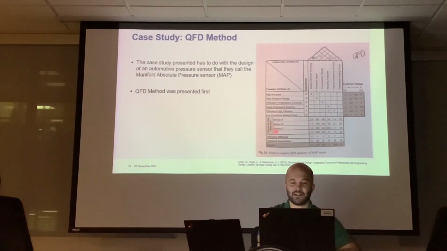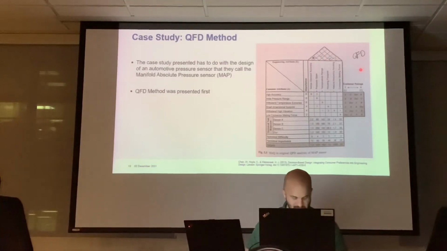So in this case, this is the sensor that is ours, and then there's competitor models here. So the survey asks customers, which model of sensor is the best? And you can see the highest and the lowest. And from there, you can determine a target on which engineering attributes to pursue.